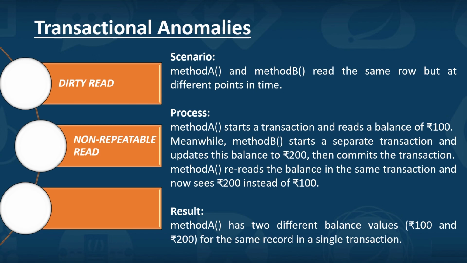In this case also there are sometimes issues, but logically, this is not an issue as such, because earlier when method A read it was 100, and meanwhile method B changed it, so it will be 200 now. But then who is going to trust method A? Is it 100 or 200? So that's what we call a non-repeatable read.